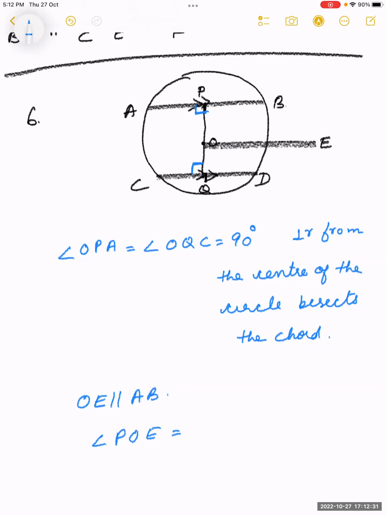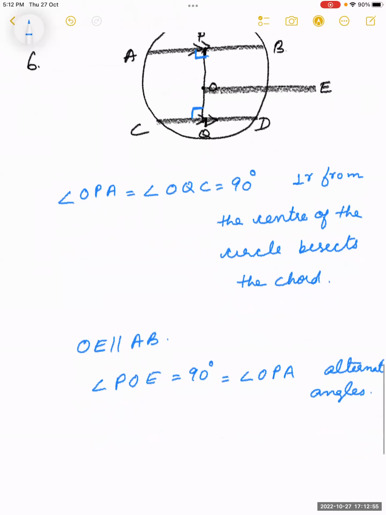It's equal to 90 degree, same as that of angle OPA. Why? Because it is alternate angle. So we are considering PQ as a transversal, and these are alternate angles.